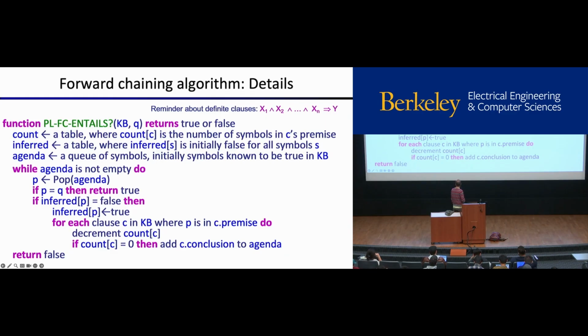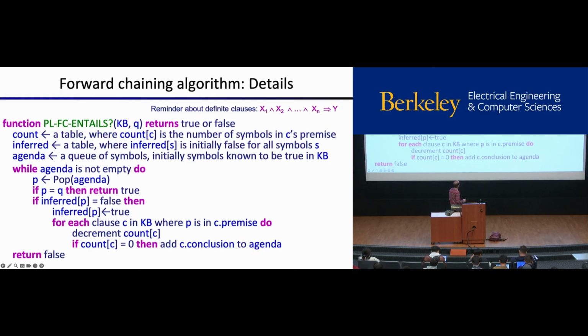If we hadn't yet inferred P, but now we have, because it's in our agenda, then we set inferred of P to true. So now we can recall later that we have inferred P. And for each clause in the knowledge base where P was in the premise, we decrement the count.